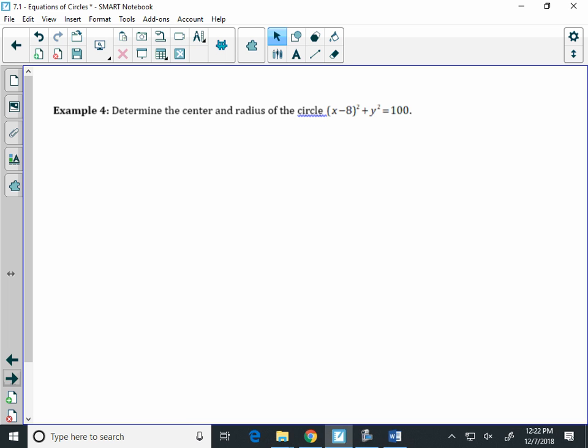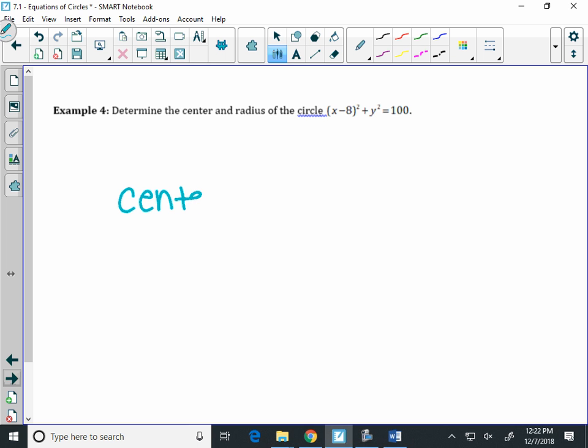Says determine the center and radius of a circle. (x minus 8) squared plus y squared equals 100. So again, we need the center and the radius. Well, what's the x value of our center going to be? 8. Good. So -8, take it out, it's going to become positive.